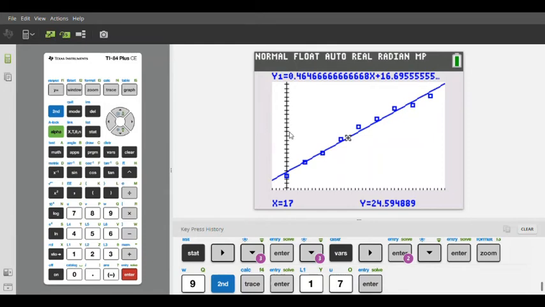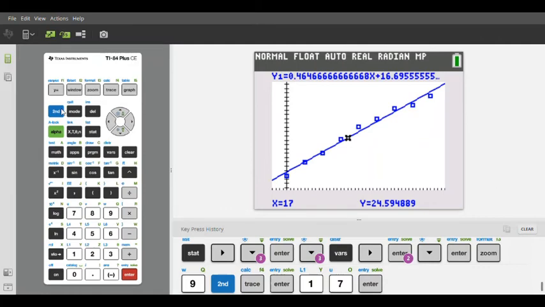So the next part, that C part. If you're looking on your paper now, it's easier for you to read than me. It says graphically find what year this model predicts the percent to be 31.3%. Okay, so we need to find when it's 31.3%.